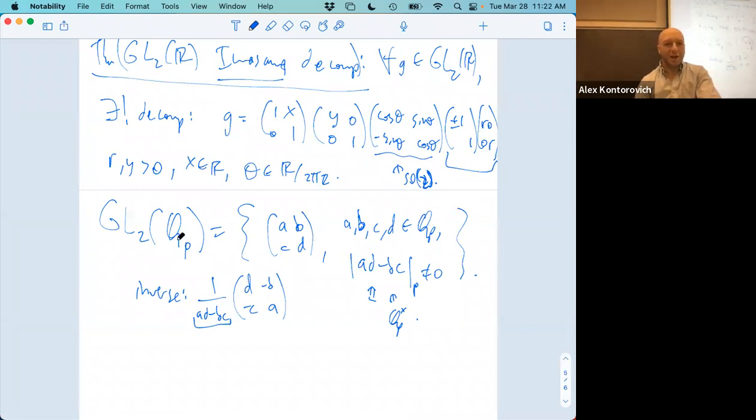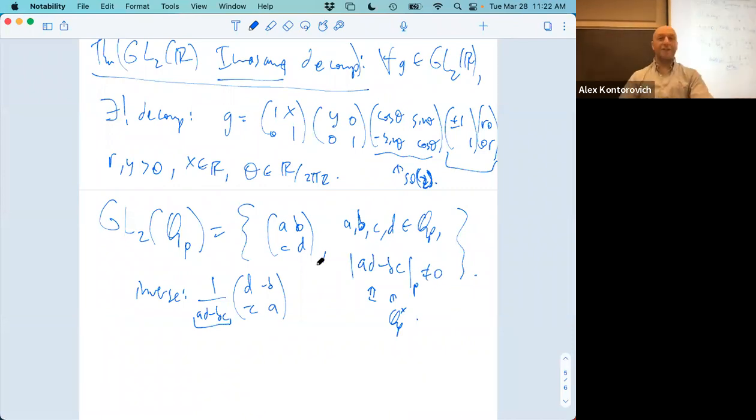What's the analog of an orthogonal matrix here? This is where Iwasawa had the big observation. The orthogonal matrix is the red herring. The compactness is the important thing. That's why it's named that.